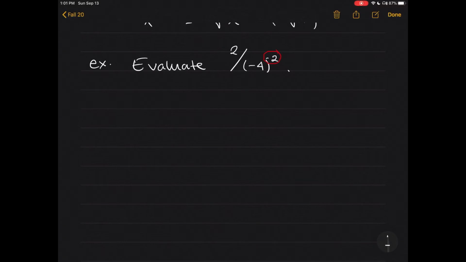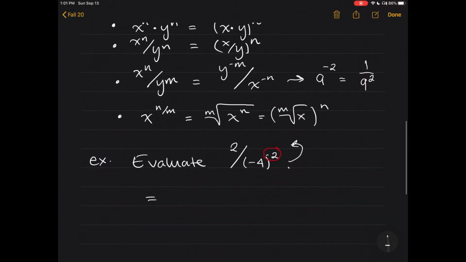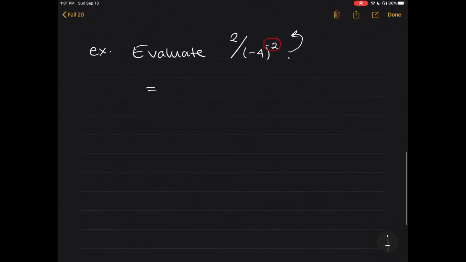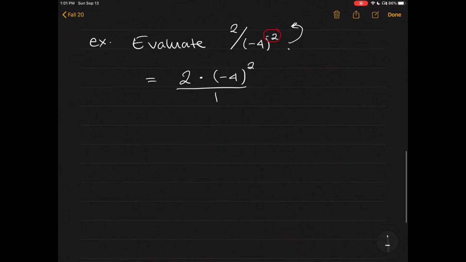Let's flip it over, right, using this rule right here. So this then becomes 2 times negative 4, and then negative 2 is just positive 2, and that's over 1. And then the over 1 doesn't change anything, so we can just write this again as 2 times negative 4 to the 2.